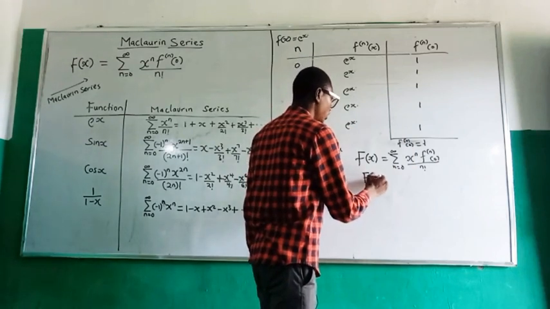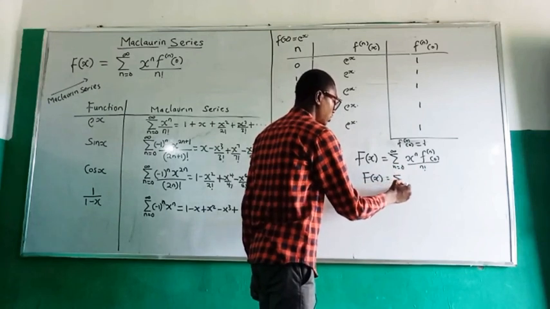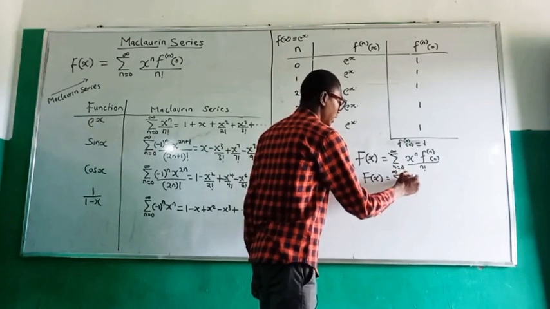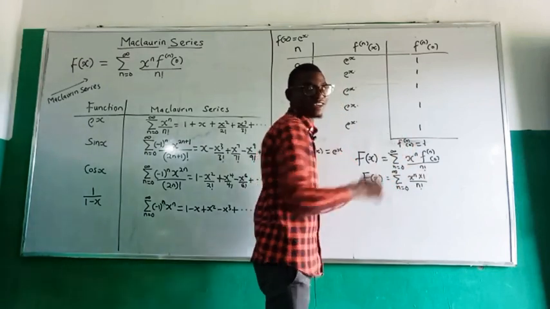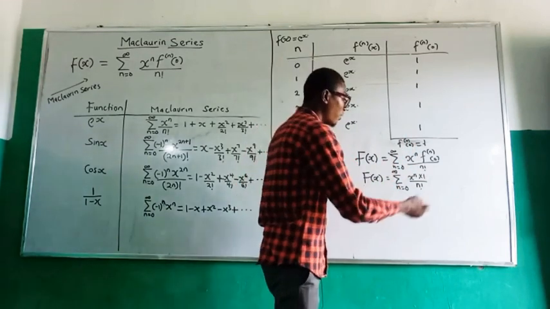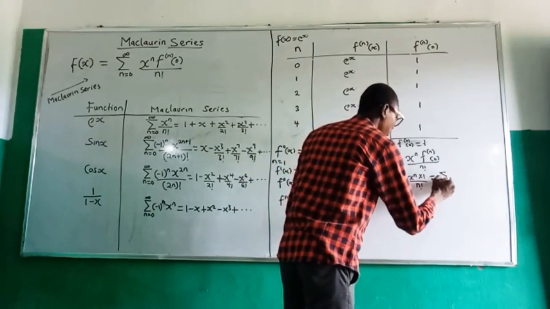If that's the case, from this, you just make the substitution for f^(n) of 0 in this place, which is the summation n equals 0 to infinity, then x raised to the power of n multiplied by 1 divided by n factorial. So x raised to the power n multiplied by 1 still remains as this.